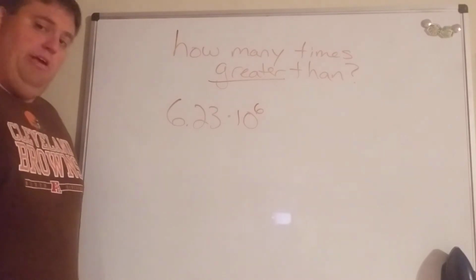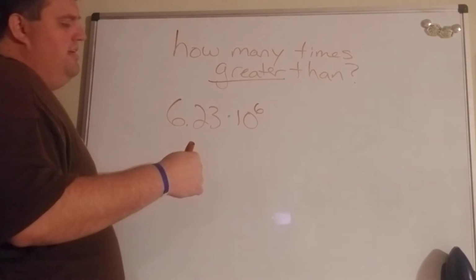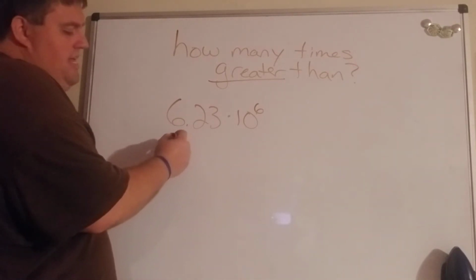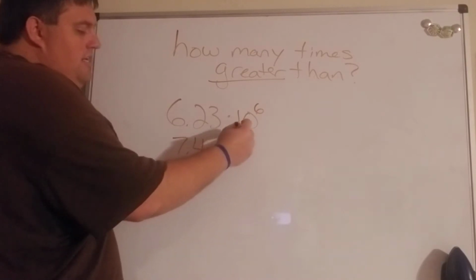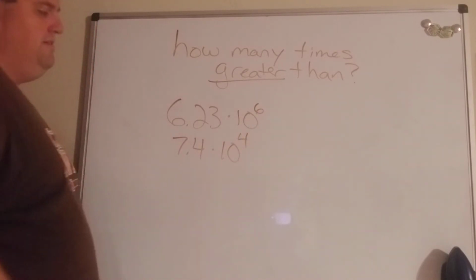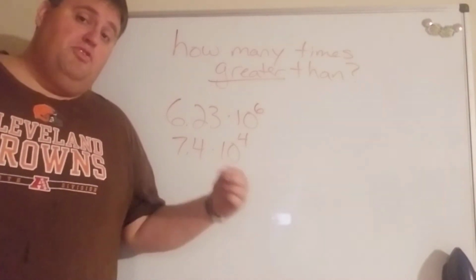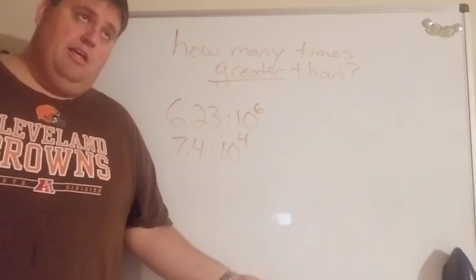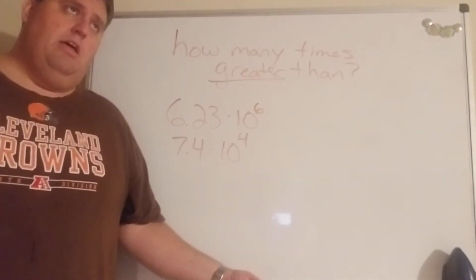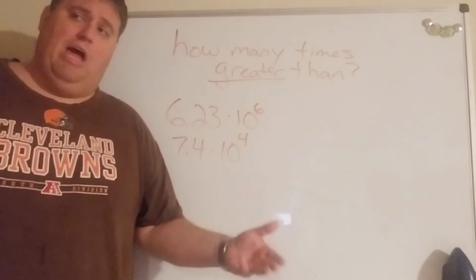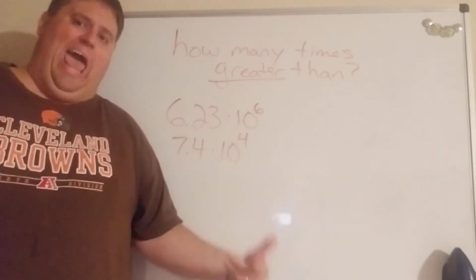But Akron, University of Akron, only has, let's say, 7.4 times 10 to the 4th students. Okay? So it'll say something like, how many times greater than enrollment? The enrollment in Ohio State is how many times greater than the enrollment at Akron.